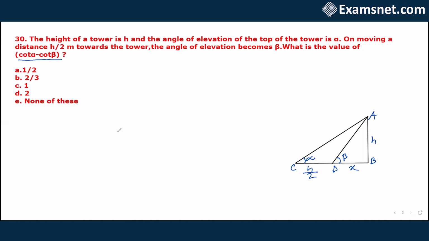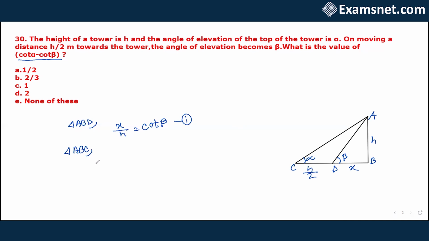Next, after considering the triangle ABD, we can write that X by H equals cot beta. We know the ratio of base and perpendicular gives us the value for cot theta. So here X by H equals cot beta. Let's name it equation number 1. Next, we can consider triangle ABC.